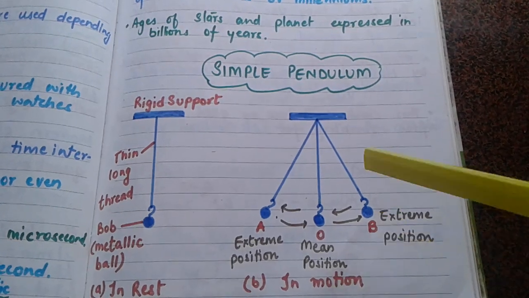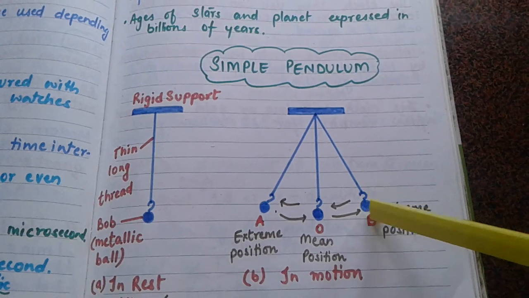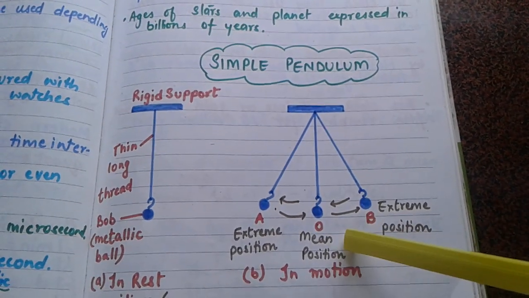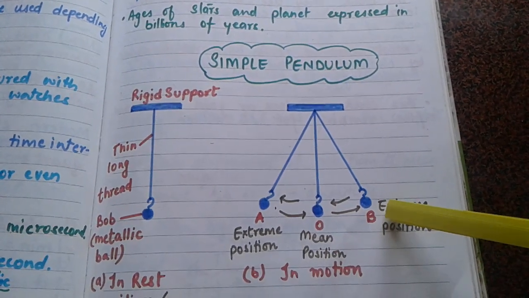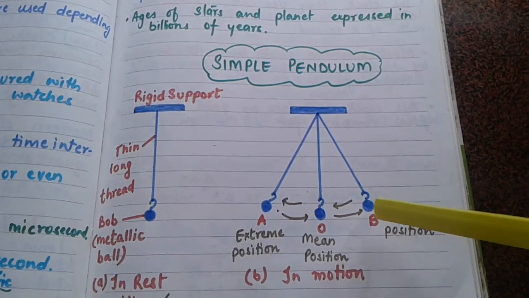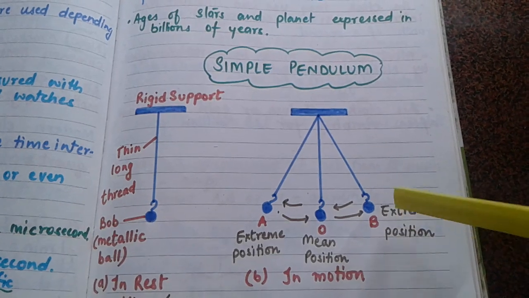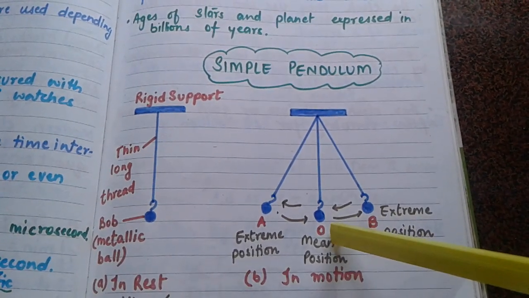Clear? Now how to measure the time period? For that, we have to set the pendulum in motion. That means we have to bring it to any of the extreme positions, and then we will release it. We don't have to push it, we just have to release it. Now we have to note the time on the clock when the bob is at its mean position.